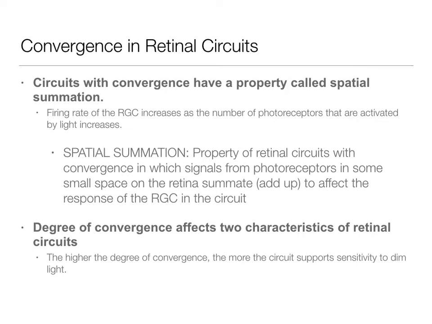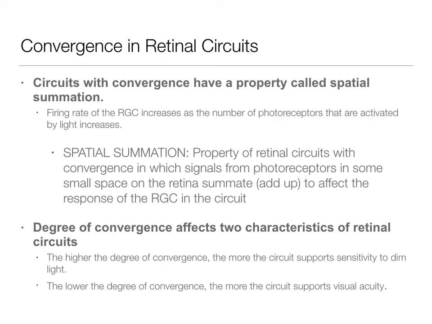So it allows a higher degree of sensitivity to dim light because there are so many of these cells. This is one of the reasons that rods are so much better in dim light, because there are so many of them. And this process of funneling them into fewer RGCs really increases the firing rate, okay? So this funnel process is what makes rods better at detecting dim light.